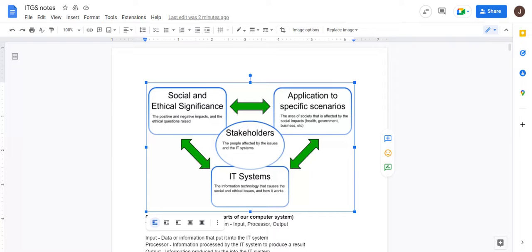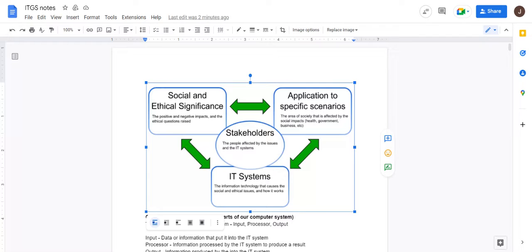However, the negative impacts also come. For example, if you use it, you may get addiction. You may be addicted to it. You may watch TV shows, dramas, Chinese dramas for 2 hours a day, right? So that's just social and ethical significance.